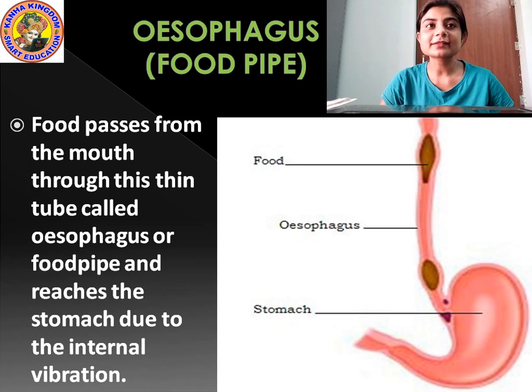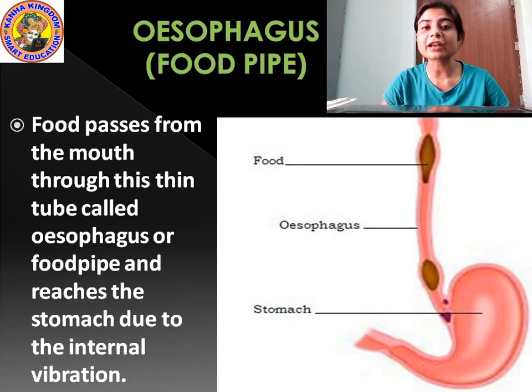Food passes from the mouth through this thin tube called the esophagus or food pipe. The food that is chewed inside the mouth passes through this thin tube and reaches the stomach due to internal vibration.